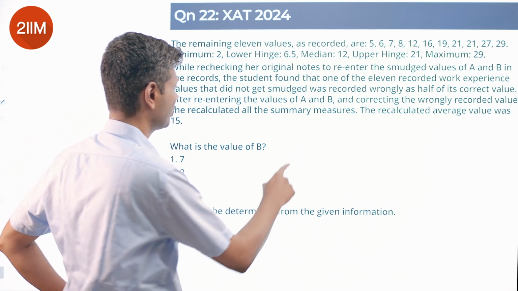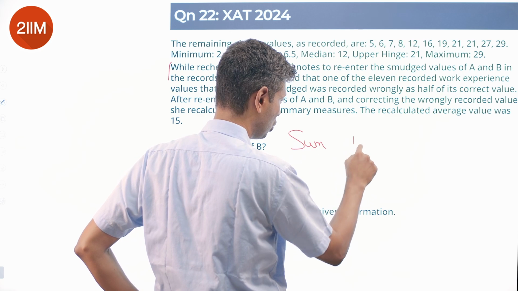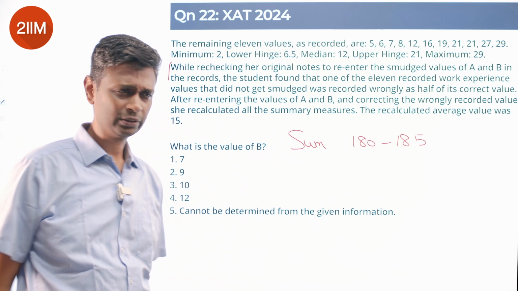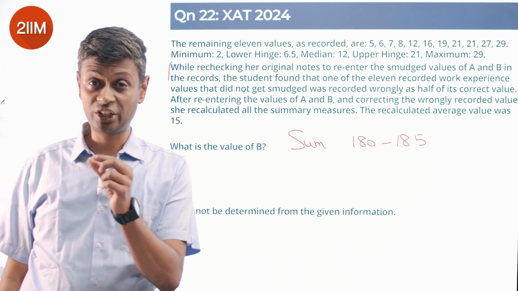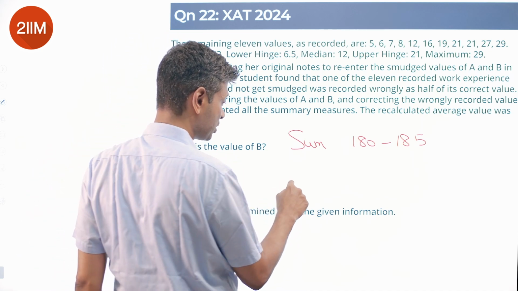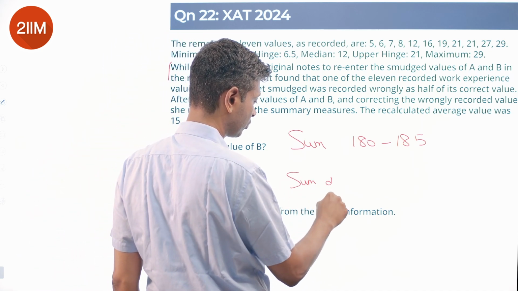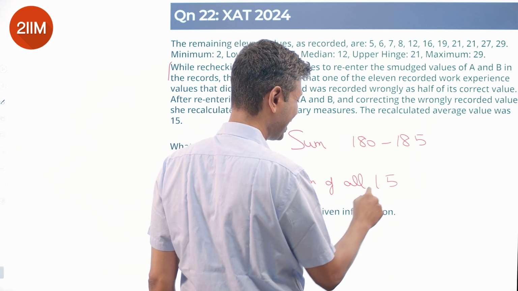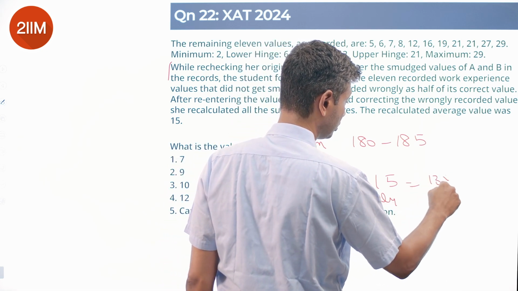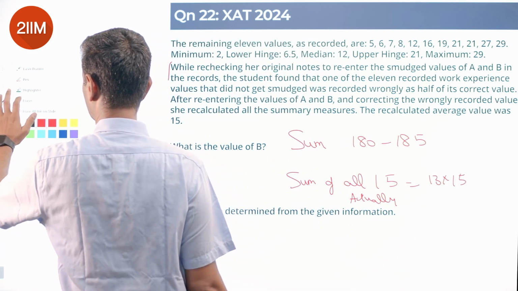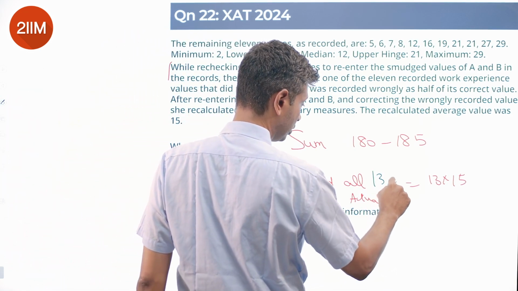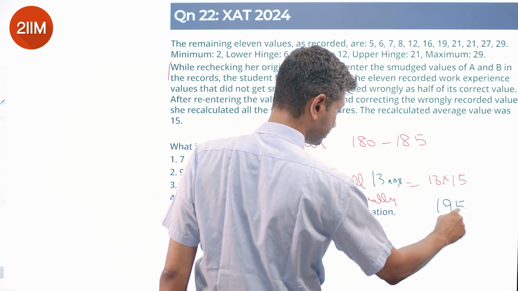We already did the total sum of all of these. Should go from 180 to 185. One of these. Right? But there is a mistake here. One number has been, half of the value has been written. So the actual sum of all 13 numbers is 13 into 15, which is 195.